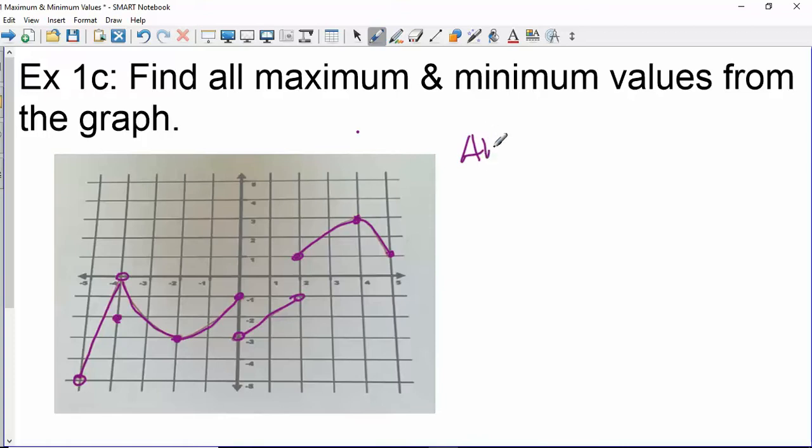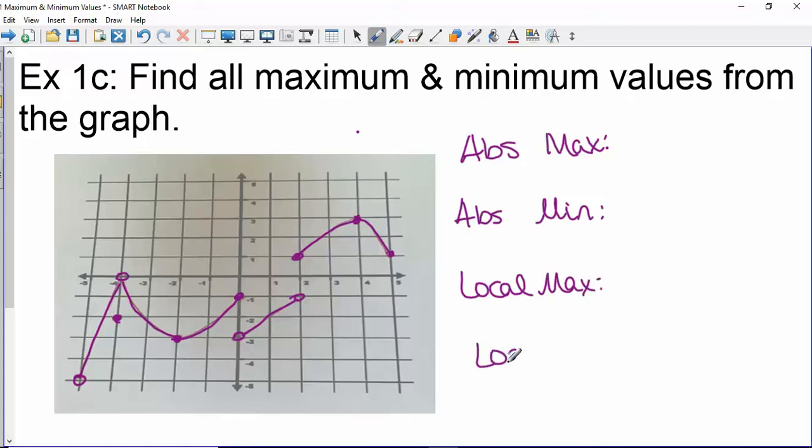Okay. I want all the maximums and minimums. So you are going to have two problems tonight like this. So let's list out. We need absolute maximum, local maximum. Absolute max is the single highest point on this graph. What would that be? 4, 3.